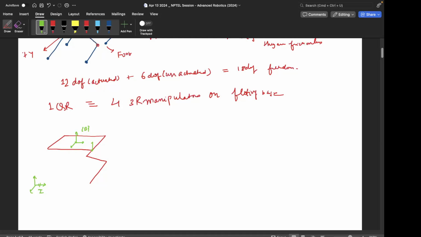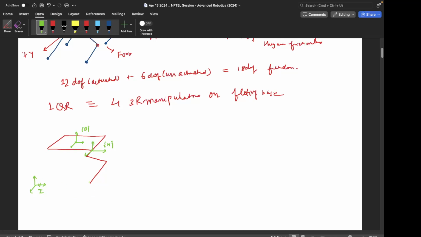And then there is a hip frame, right? Now if we sit on the hip frame, then analyzing this leg is equivalent to analyzing a 3R non-planar manipulator, right? So it's quite convenient to do the forward kinematics and inverse kinematics first in this hip frame, and then from there we can convert back to the base or the inertial frame.